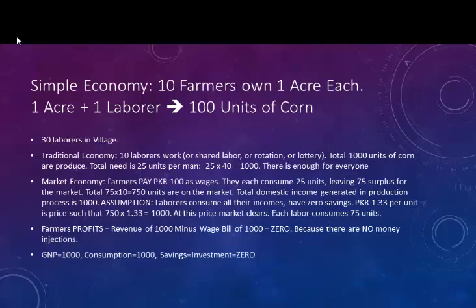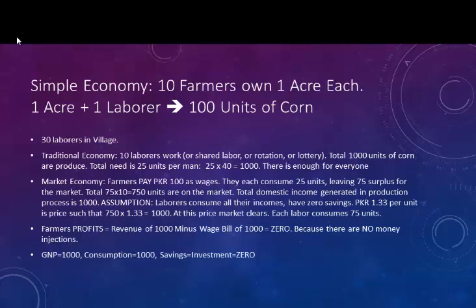So you produce 100 units, you consume 25, and you have 75 units of surplus for the market. So there is a total of 750 units for sale. But how much income was generated in the production process? This was 1,000 rupees total, 100 rupees for each of 10 laborers. So basically, suppose we have an isolated closed economy, then the only buyers for the 750 units are my laborers who have 1,000 rupees.